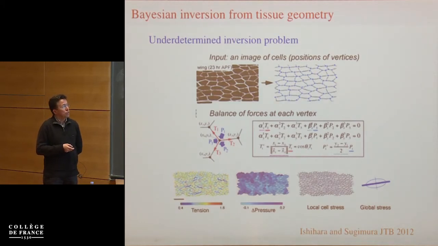The idea here is to consider the apical surface of the tissue in the light of the cell vertex model, and to write at each vertex in the tissue a force balance equation involving the tensions on each of the junctions of this tricellular junction, plus the pressures, and to hopefully solve for tensions and pressures the large system of coupled linear equations that results from this approach.